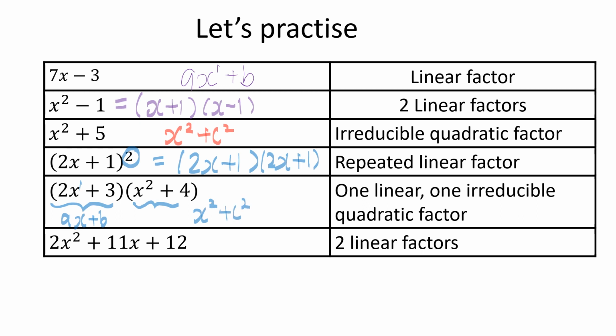So this example here is comprised of a linear and an irreducible quadratic factor. How about the last one? The last one, you can actually factorize it further. It's a reducible quadratic factor. We can factorize it into 2x plus 3 and x plus 4. So it is comprised of two linear factors.